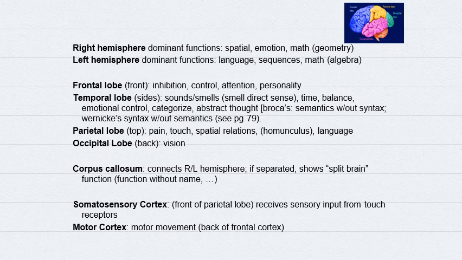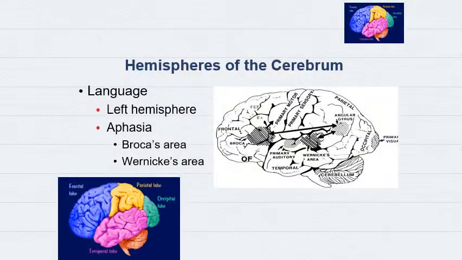Okay? So, the somatosensory cortex receives sensory input from touch receptors, and the motor cortex is responsible for motor movement. Okay, so the hemispheres of the cerebrum. We mentioned earlier Broca's and Wernicke's areas. We have here the left hemisphere. When we have a condition called aphasia, it is a condition wherein we have an impairment in the power to understand words. It is usually the result of brain damage.